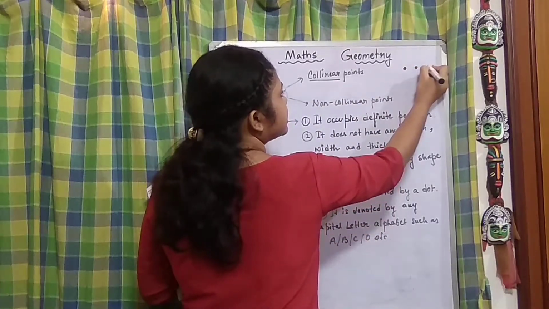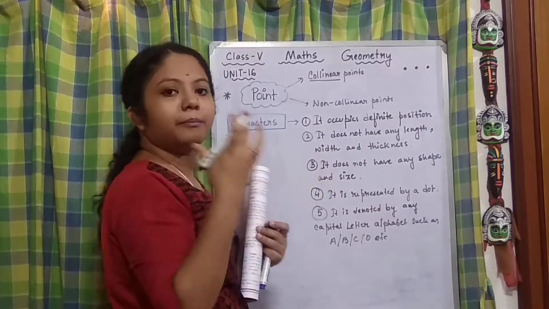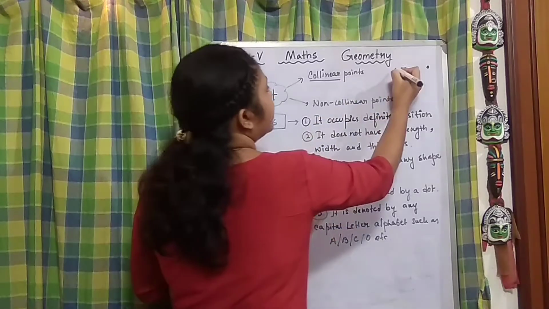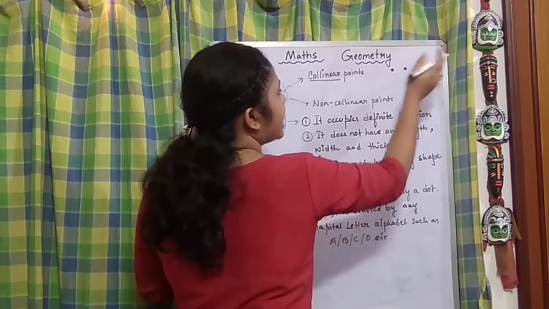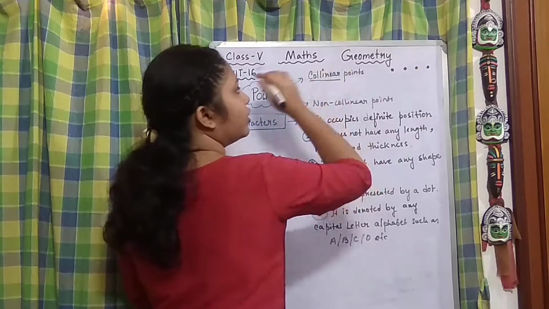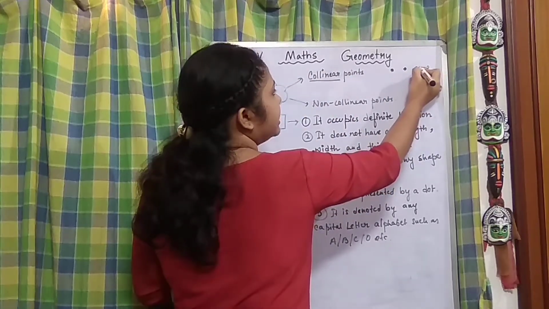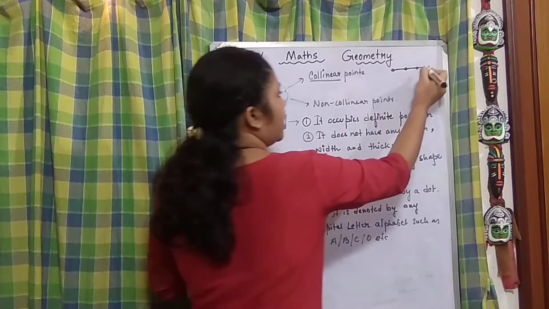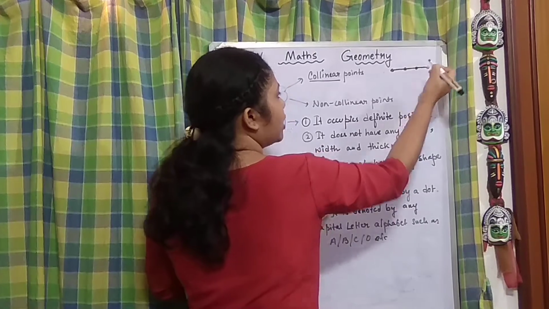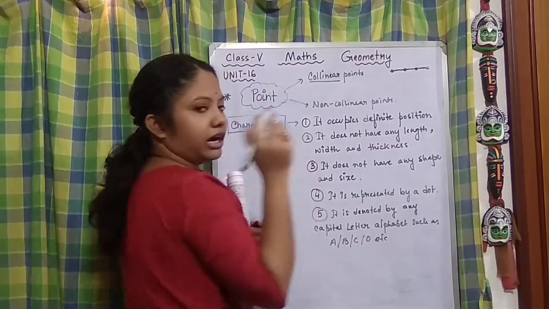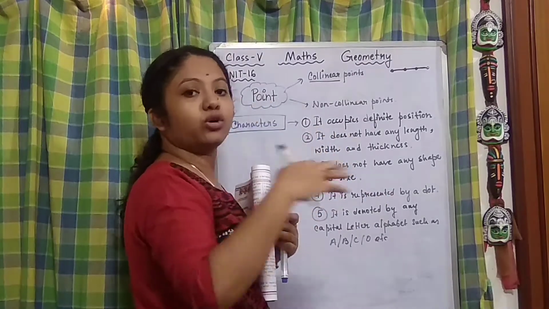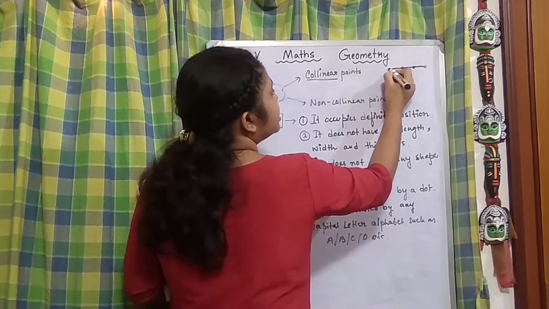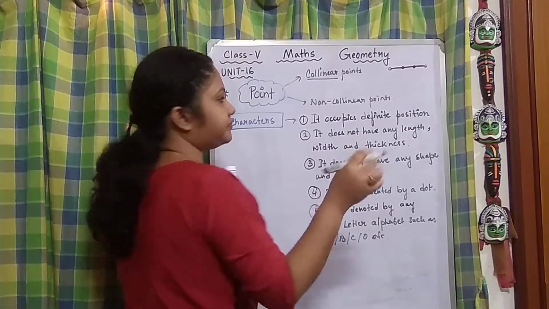All the structures in geometry will be made up of points, an aggregation of points. Okay, so when certain points are lying in a straight line, or when we join these points, that gives rise to a straight line, that is what we call collinear. Collinear points are numerous points together giving rise to a straight line.